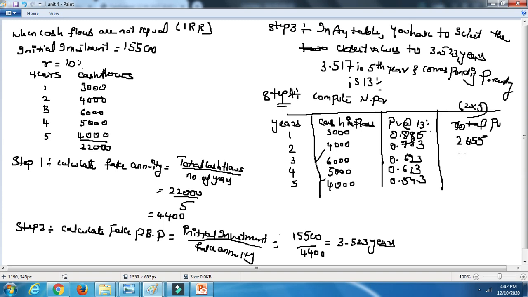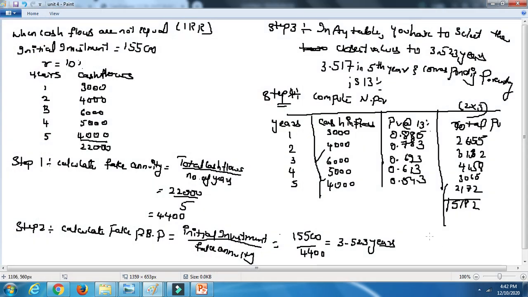Second year, all the values you multiply in the same manner: 3,132, next is 4,158, 3,065, one more is 2,172. Now if you add these all, here what I got is 15,182 rupees. So what's the NPV?